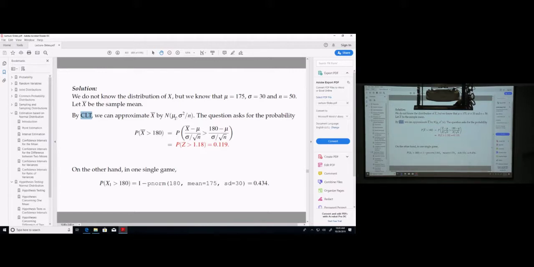The population mean was taken from last season, and the sigma squared is also from last season. But now I'm talking about the average of n games, the average of 50 games, so I have to divide by 50 here. All right, so this is this. So with a probability of 43.4%, John may score higher than 180 for the average.